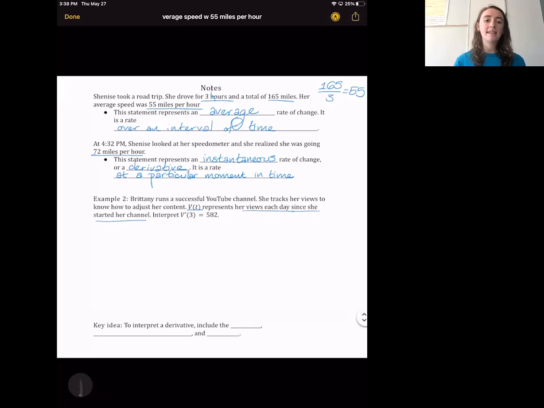And our task here is that we want to interpret v prime of 3, which is equal to 582. So something that jumps out to me right away is that we are interpreting v prime. So this is the derivative function of v of t.